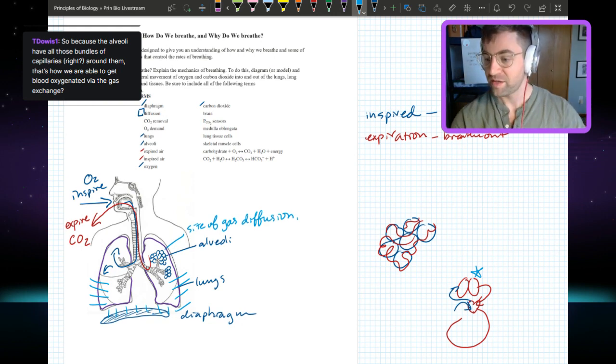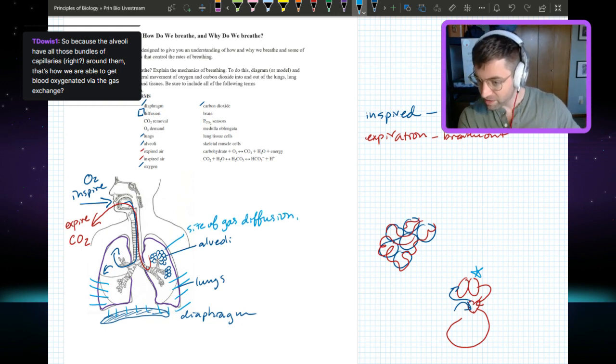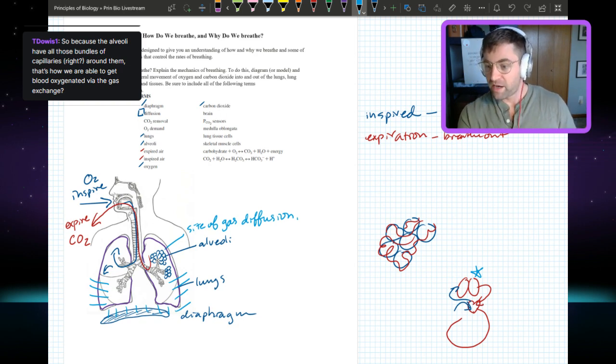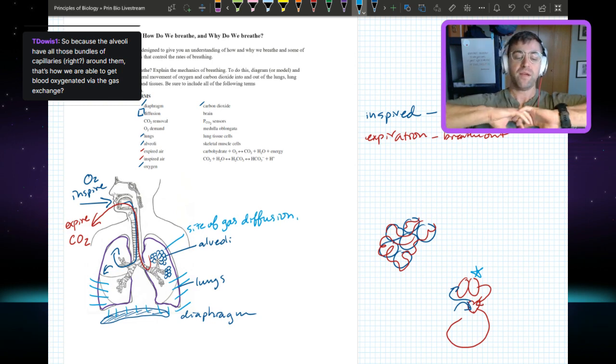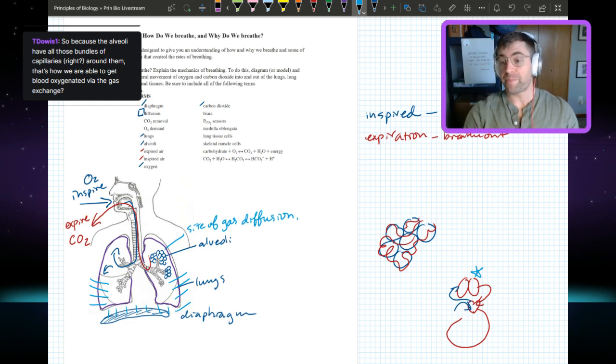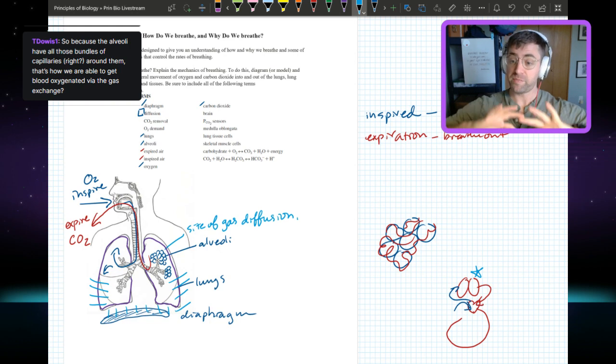So I'm going to read this question really quick. Because the alveoli have all those bundles of capillaries, that's how we're able to get blood oxygenated via the gas exchange. Correct. Yeah. So that vasculature being wrapped around the alveoli, which are that little grape shape, facilitates more rapid gas diffusion across those membranes because of the maximized surface area.